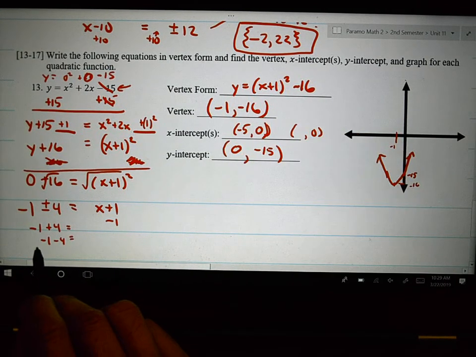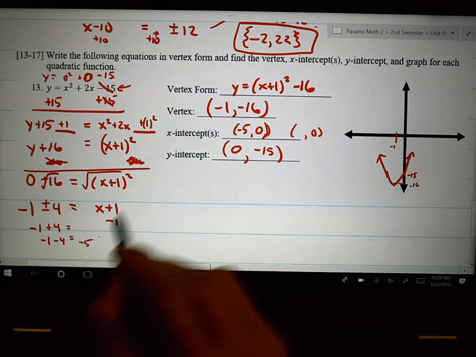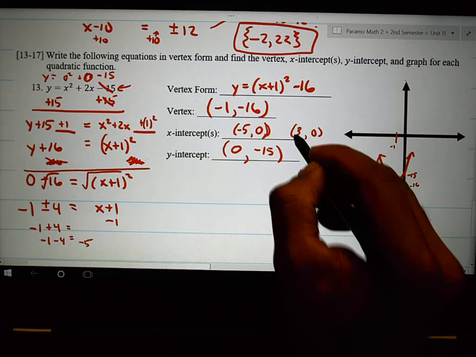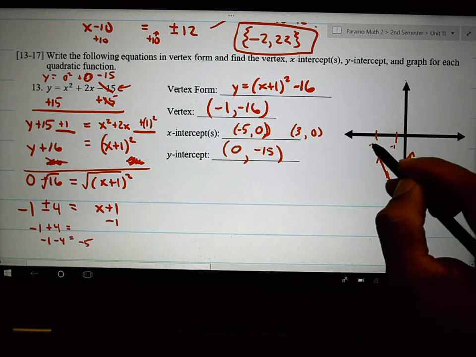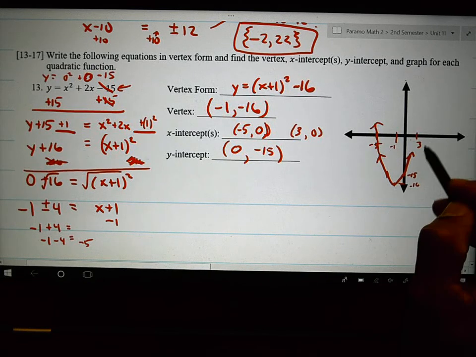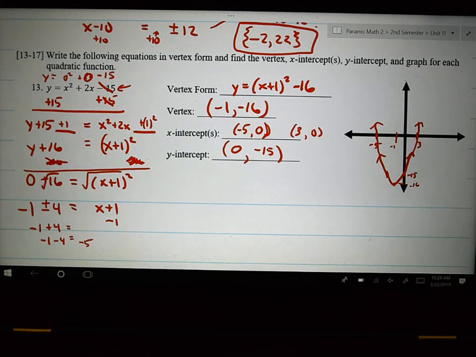Negative 1 minus 4 is negative 5, 0, and 3, 0. Negative 5 and 3 are where it's going to cross the x-axis, which hopefully matches up with what we do when we graph these kinds of problems. I'm going to stop your notes right there.